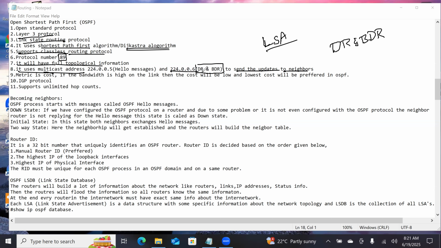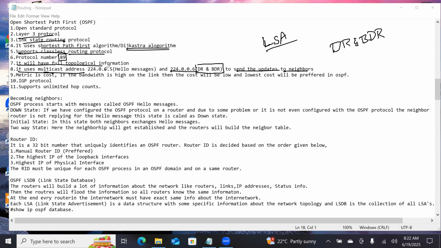What is the range of class D? Class D, 224 onward, is reserved for multicasting.